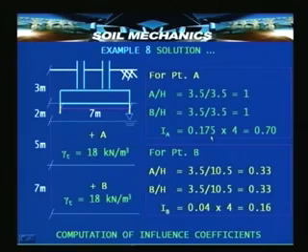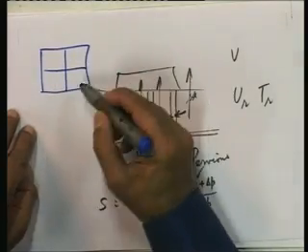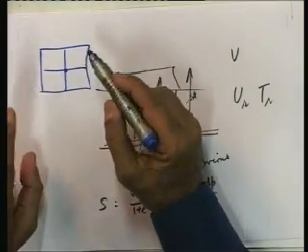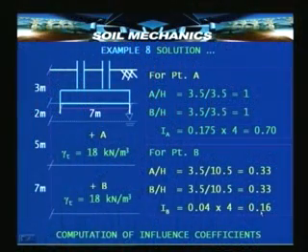Now, this is for one rectangle. The loaded area is divided into 4 parts, and we are finding the influence value for this one corner. So, the influence value for the total loaded area will be 4 times this, and that is 0.7. Identically, we can find for point B, and that will be 0.16.